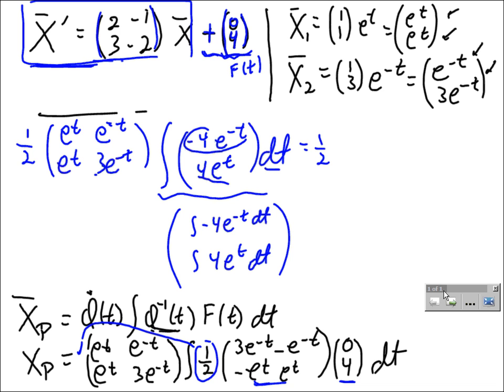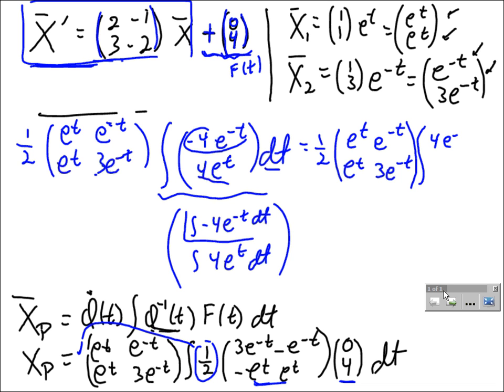So we still have what's in front, 1/2 e to the t, e to the negative t, e to the t, and 3 e to the negative t, times the integral. Well, this integral is just 4 e to the negative t. Oops. Since I'm taking the integral, I don't need an integral sign anymore. And in the bottom, you get 4 e to the t.